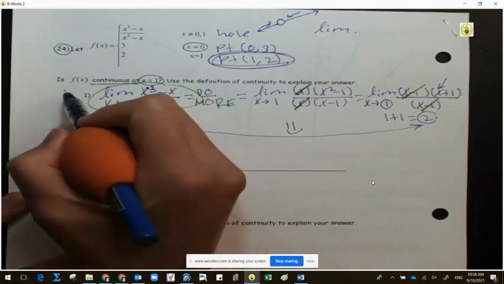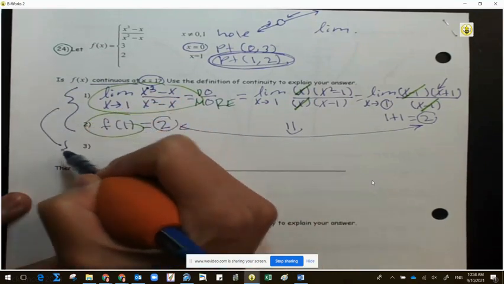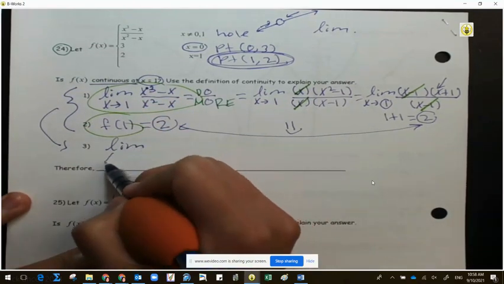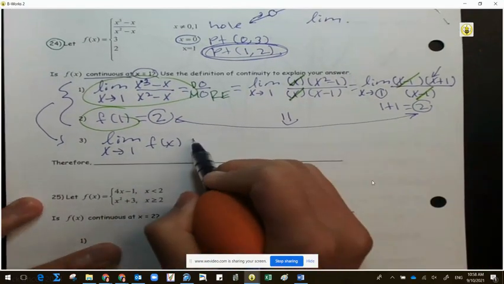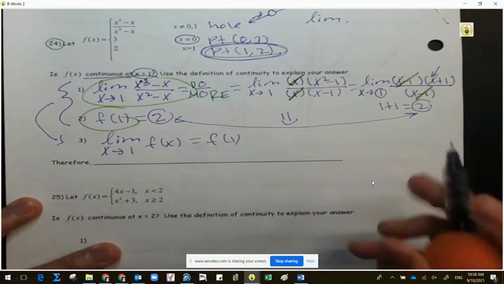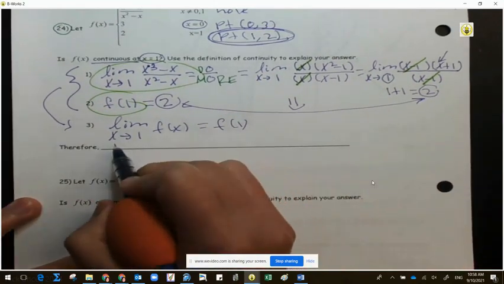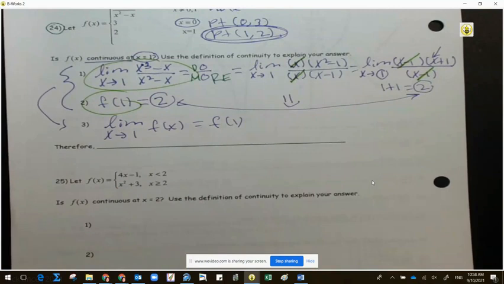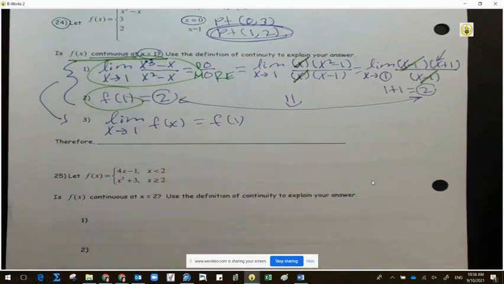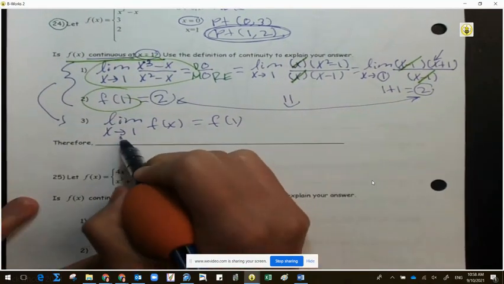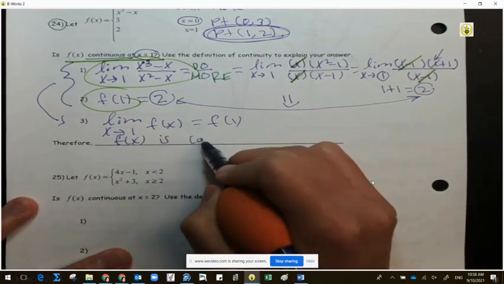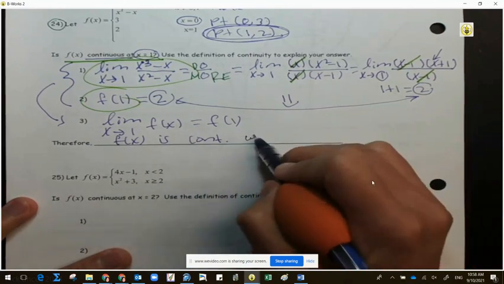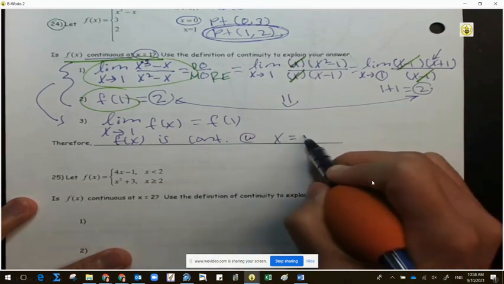So the limit, these two are going to summarize my third one. As x approaches the 1 of the function, and yes, you can write out the function, I don't want to, is equal to f of 1. So therefore, we know we can write this whole piece down without modifying. F of x is continuous or not continuous? Continuous at what point? X equals 1.